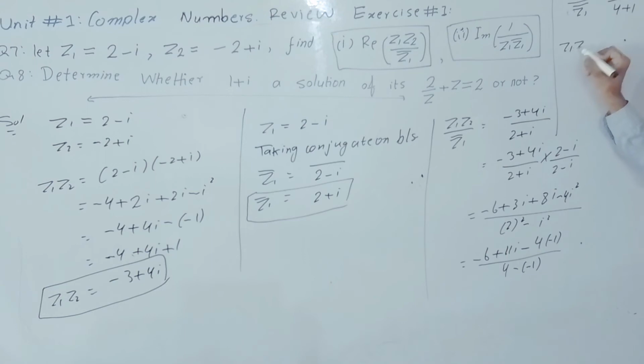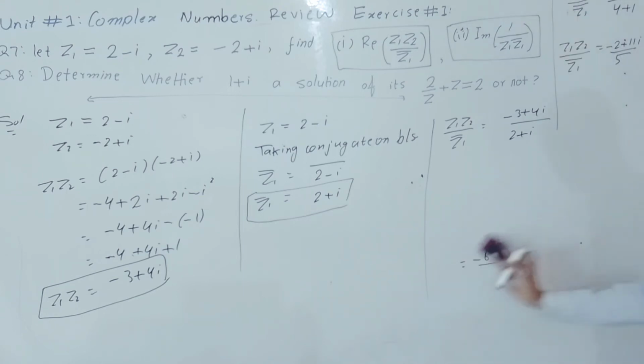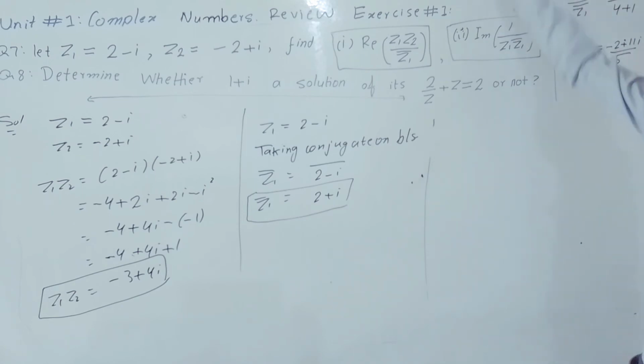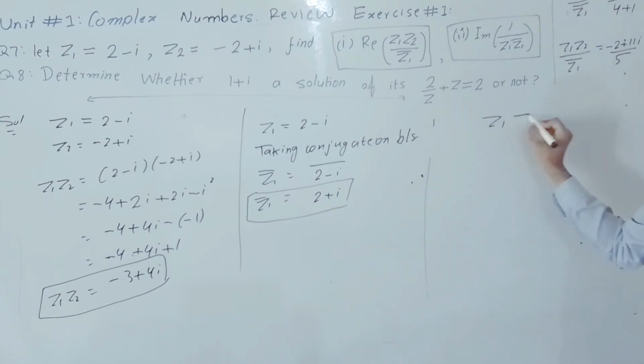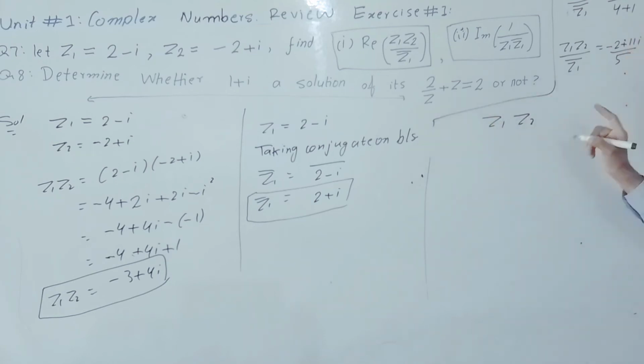So z1 z2 divided by z1 conjugate is equal to minus 6 plus 4 is equal to minus 2 plus 11 iota divided by 4 plus 1, that is 5. So next, z1 z2 divided by z1 conjugate is equal to minus 2 divided by 5 plus 11 divided by 5 iota.